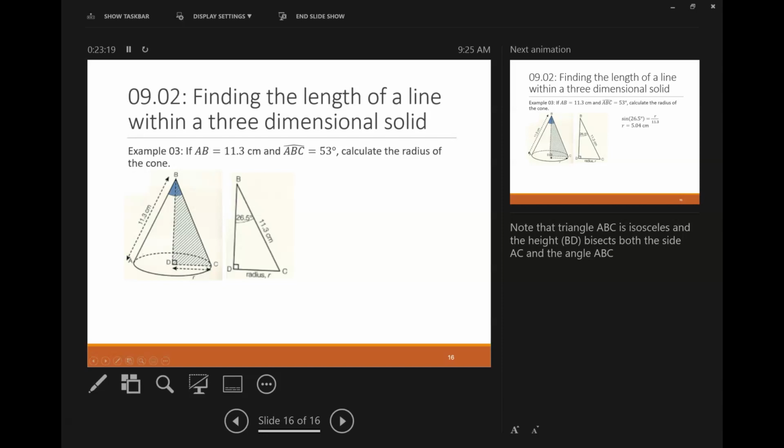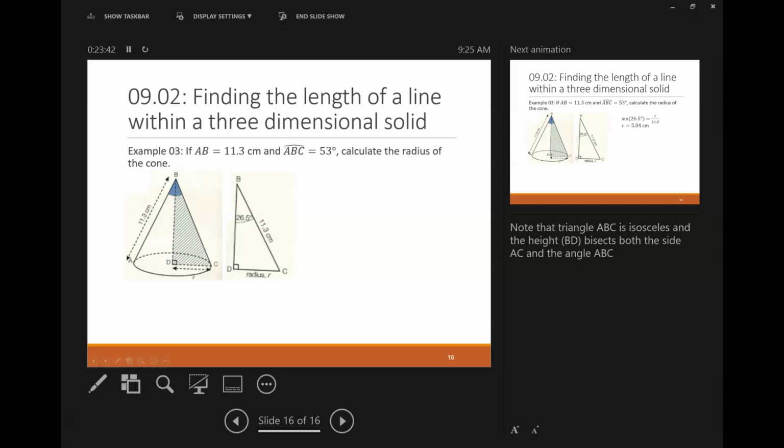So how are we going to find this side R? Okay, we're going to use SOHCAHTOA.